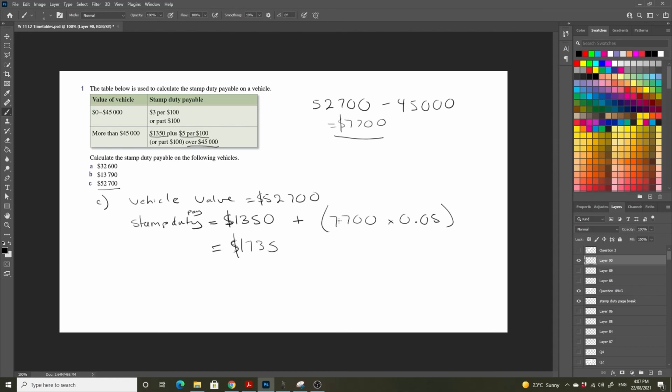So you really have to make sure that you are evaluating the value of the car and whether it divides evenly into the stamp duty unit they have listed in the table. The other problem is that you won't always get it expressed as a rate. As with that last question, you will get a flat amount of money and then a rate on some kind of difference. So just pay attention, read carefully, and make sure you are actually answering the question correctly.